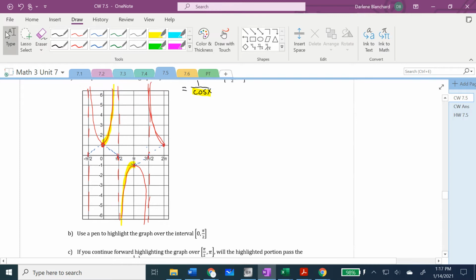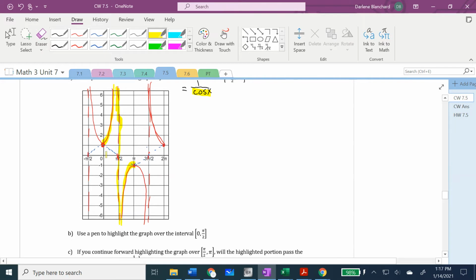And the thing that people don't always like about the inverse of secant is that there's an asymptote in the middle of the graph. But I'm going to tell you that you're not going to worry about that right now at this level of math.